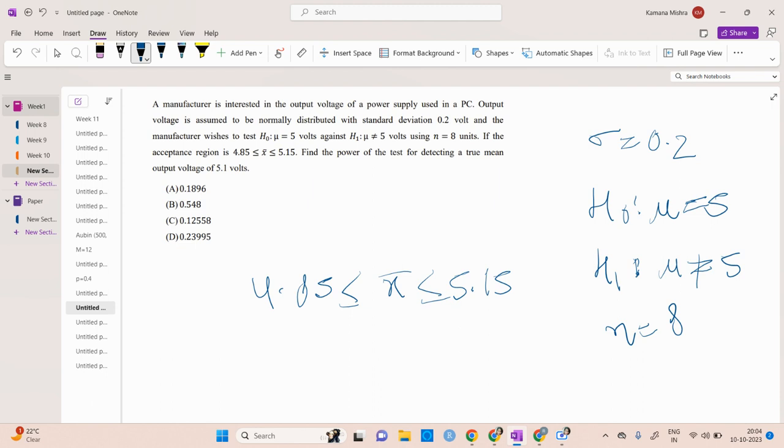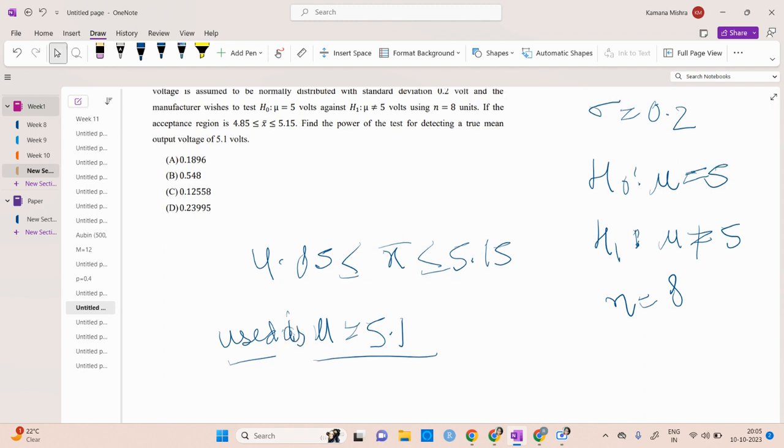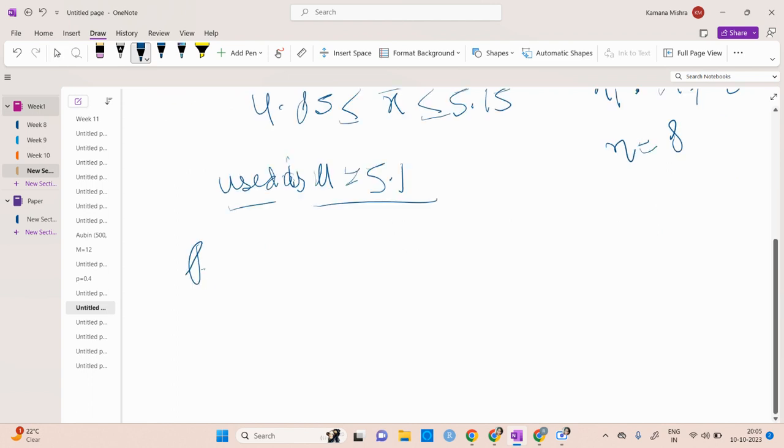So for the power of the test, mu will be used as 5.1, not 5. So mu is equal to 5.1, and then the power of the test is what?